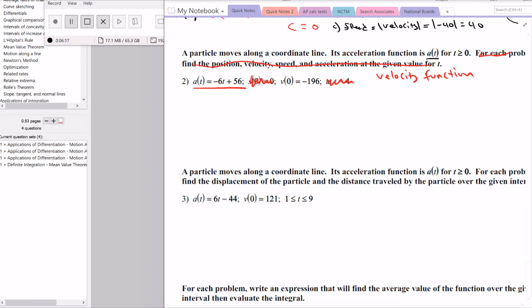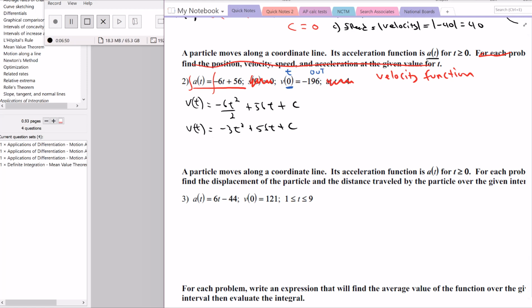Right, so again, we're basically just trying to integrate both sides of this. If we integrate acceleration, we get velocity. We're integrating using our normal rules. It's going to be 6t squared over 2 plus 56t plus c. And then simplify a little bit just to make our calculations easier. What this condition says is if I plug in 0, I should get out negative 196.